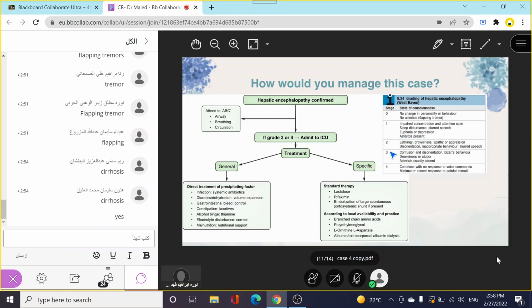Grade 3, confusion. What do you think our patient has? Which grade? Before I continue, it's crystal clear. Which grade does our patient have?